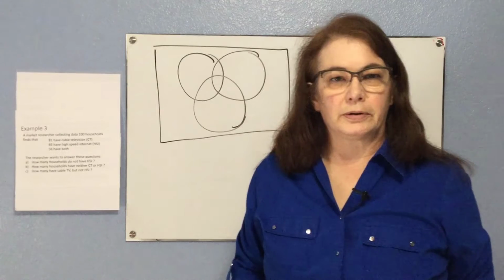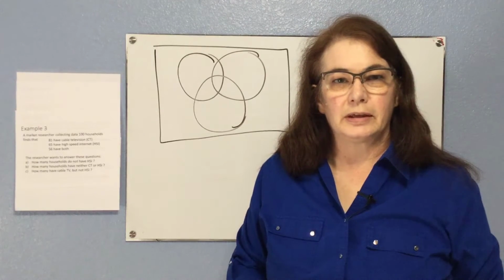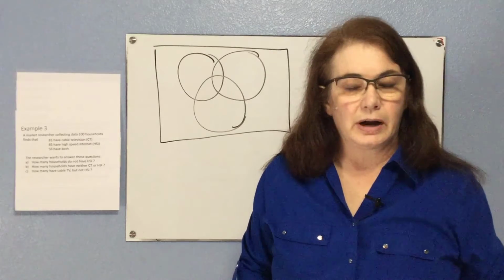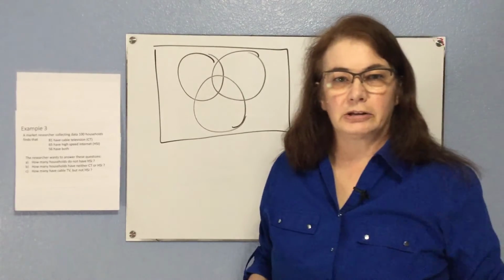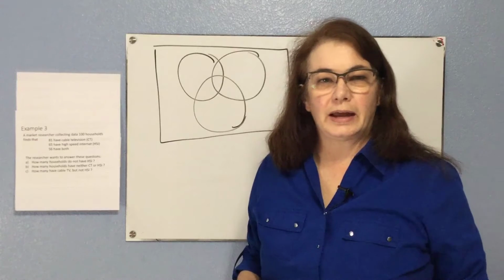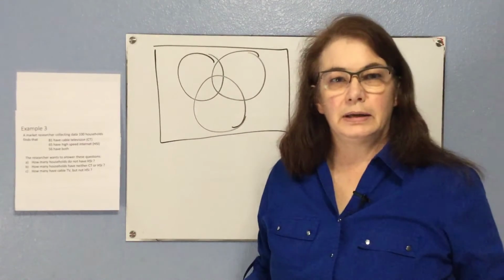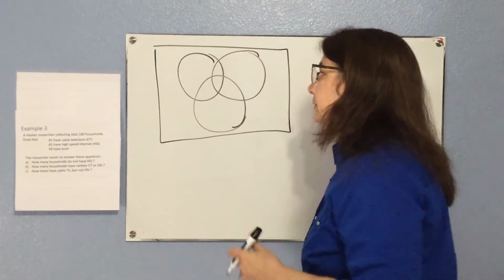Before we go any further, I'd like to show you another method that you can use to identify sets or combinations of sets without actually shading everything, and that is to number each region that is made by these intersecting circles.